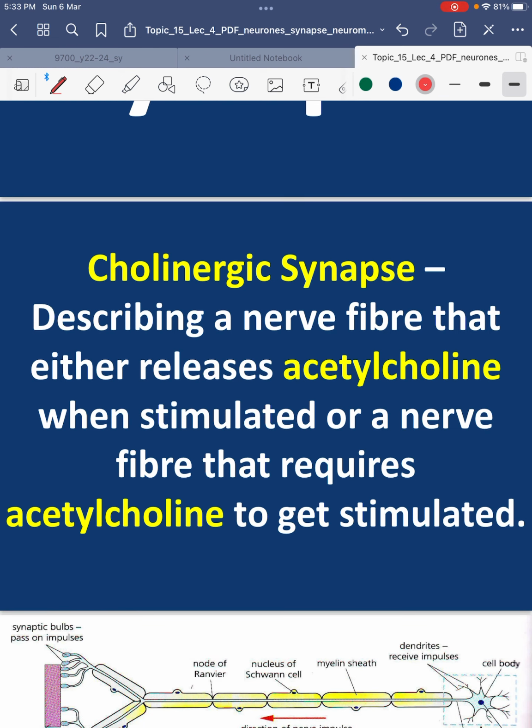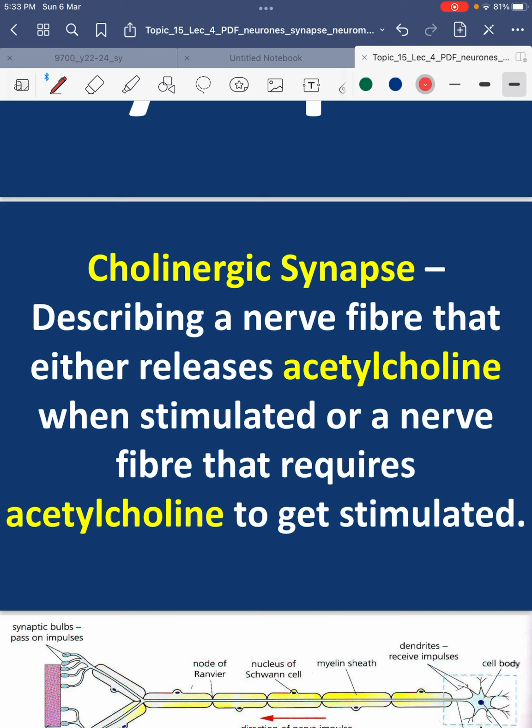There are many different types of synapses. There are synapses that inhibit, and synapses that stimulate or enhance. For example, if you did the MCQ, there are neurons that release GABA, neurons that release serotonin, and neurons that release acetylcholine.